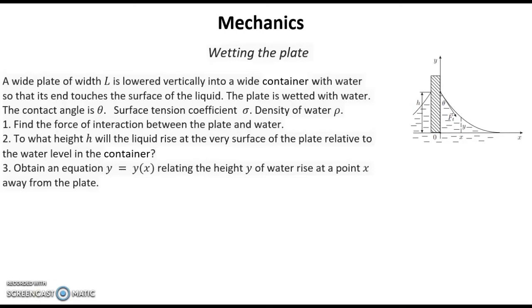Solution. First problem is a pretty easy one. So to find what is the force of interaction between plate and water, we have to find what is force F acting on this plate, and we know that this force equals coefficient sigma multiplied by the length of this line, which is L, and we just need to multiply it by cosine of this angle theta to find the vertical projection of this force.